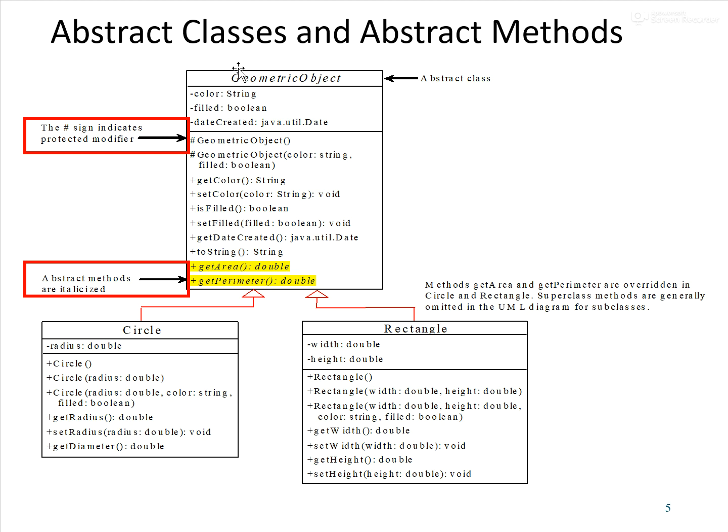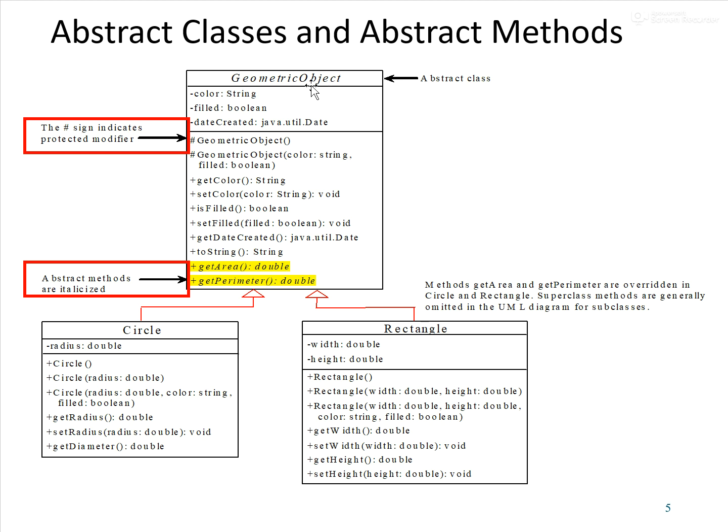First of all, let's start with the geometric object class up here. This is an abstract class. But looking at just this UML class diagram, how can you tell that this is an abstract class? You have to pay attention. This is how we can tell.